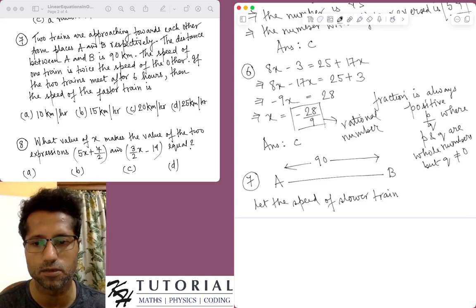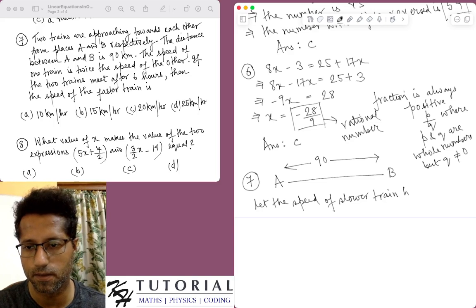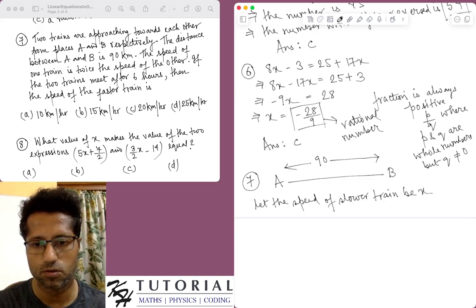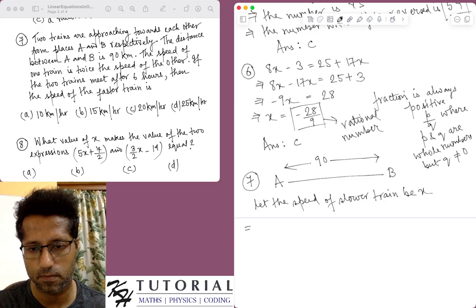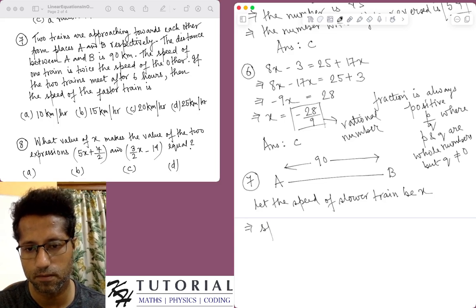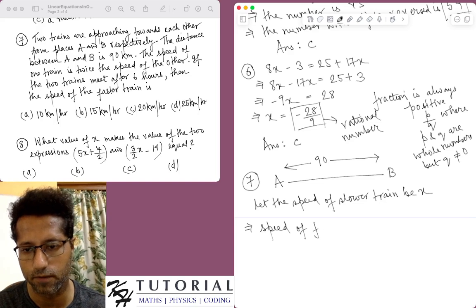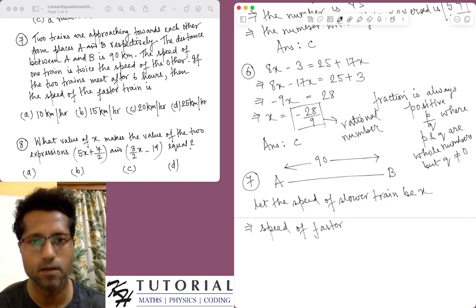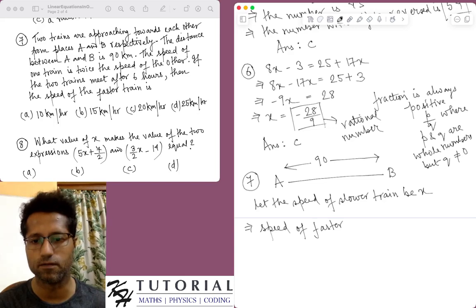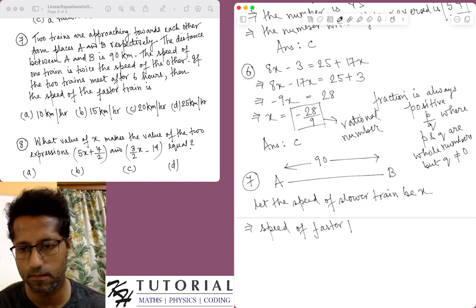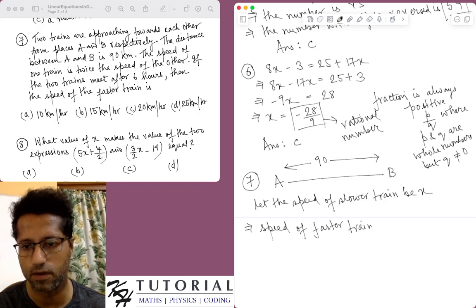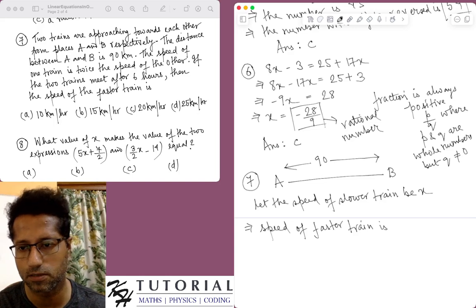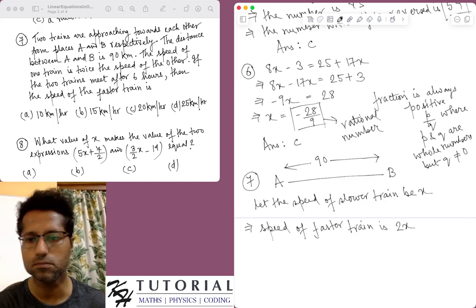I am considering the speed of the slower train to be x. So this implies the speed of faster train will be, it is given that the speed of one train is twice the speed of the other, so speed of faster train is 2x.